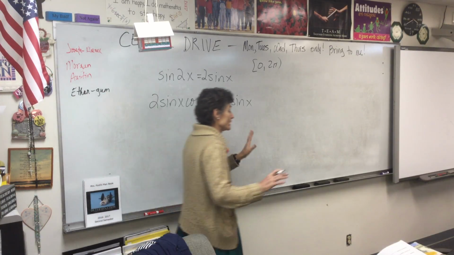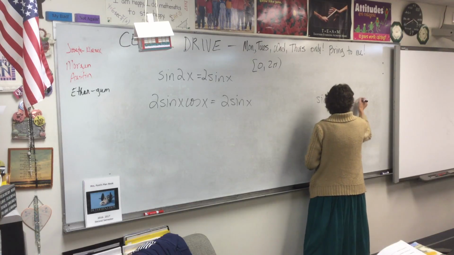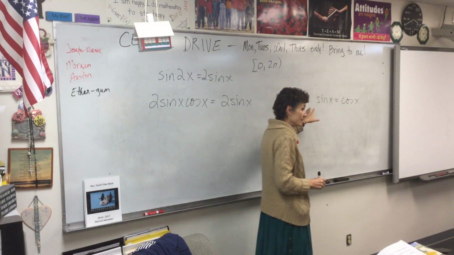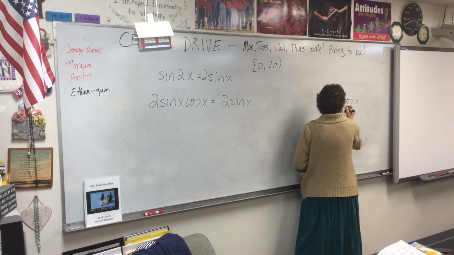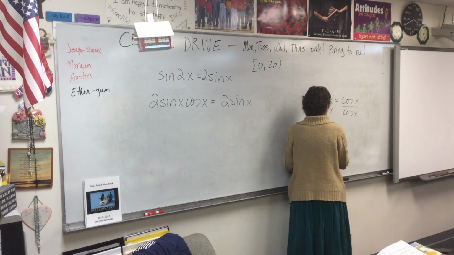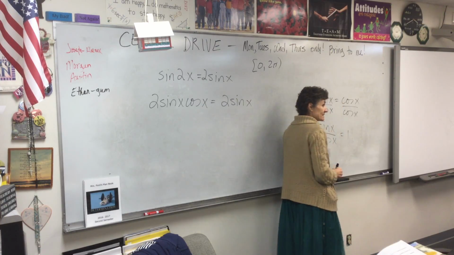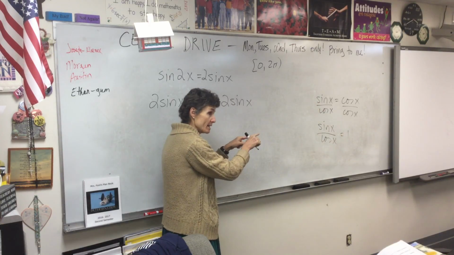Okay, let me give you a quick example of when you could divide. Let's say you have this problem. I don't like that. If I divide both sides by cosine, is there still a cosine in my problem? Is it still there? I didn't lose it. That is okay.